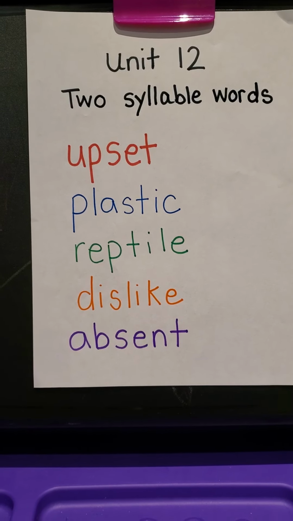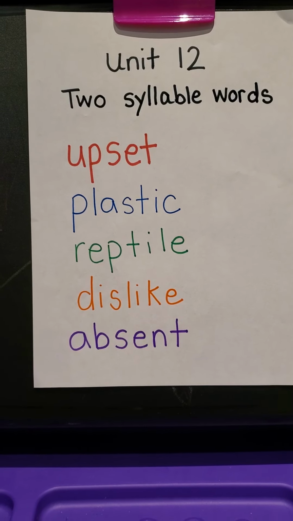Compounds can be two-syllable words, but compounds are words that are made up of two smaller words. But it can't just be any two words put together, like fishbowl. It has to make sense. So cup and cake come together to make cupcake. If you look at explode, ex on its own is not a word.